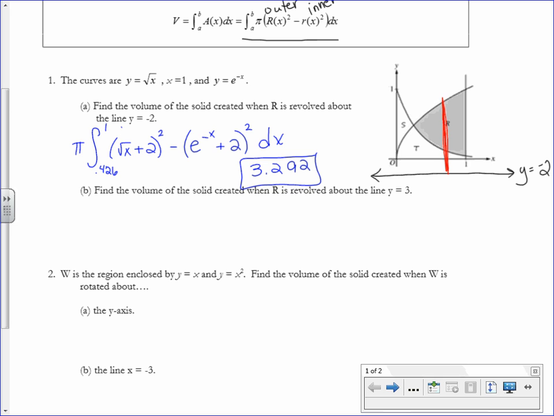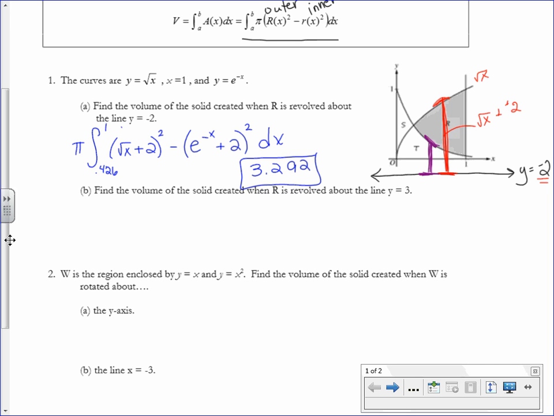The length of that red line would be top minus bottom: the top curve being the square root of x, the bottom being negative 2. The square root of x minus negative 2 is how I got the square root of x plus 2. Then we did the same thing for my inner radius, e to the negative x minus negative 2, which became e to the negative x plus 2.